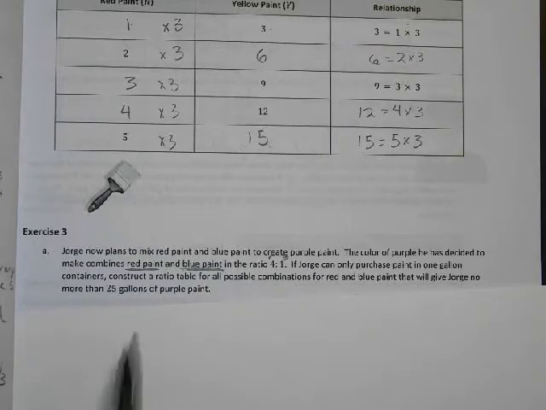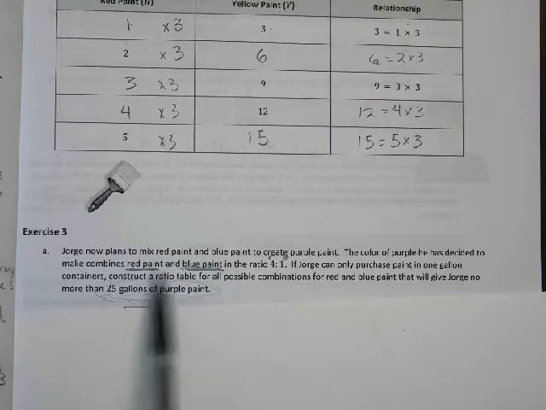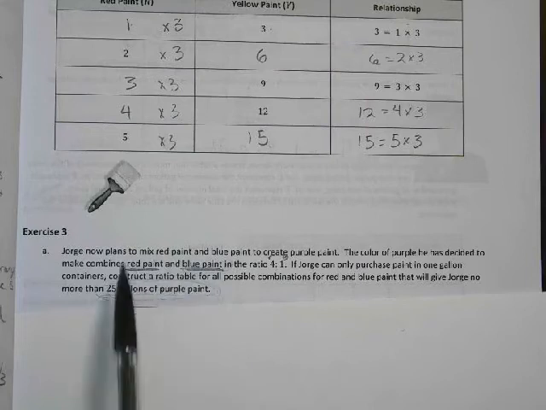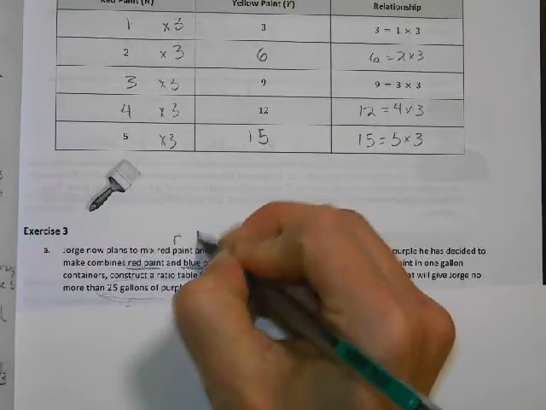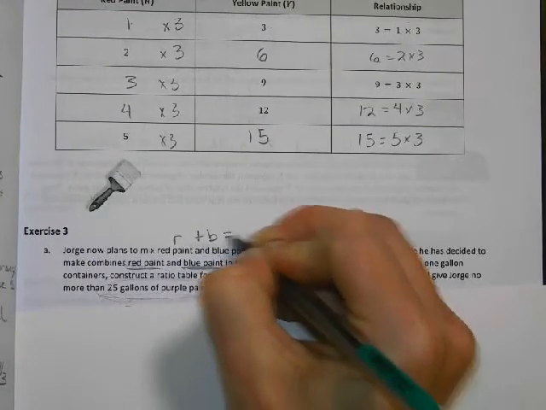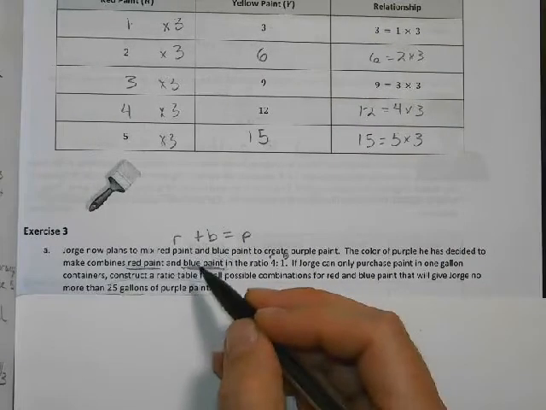So in order to find my gallons of purple paint, I need to figure out how much of these I'm adding together, because whatever I add together will equal my purple paint. So that means my red plus my blue will equal purple. And this is a nice little equation.